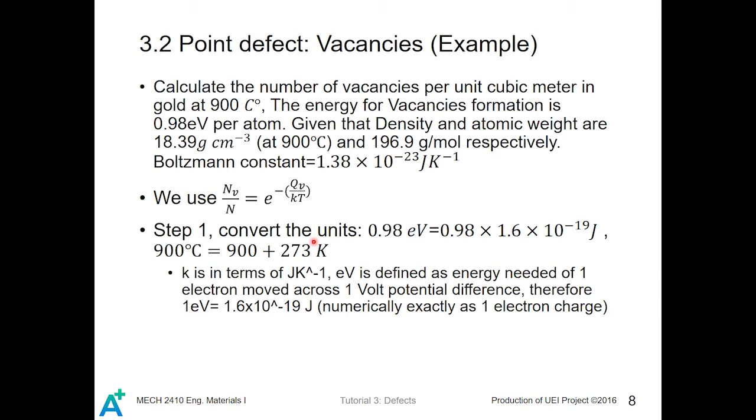And the Boltzmann constant K is in terms of J per K. An eV is defined as the energy needed for one electron moved across one volt potential difference. Therefore, 1 eV is equal to the electron charge value, which is 1.6 times this power times 1 volt, which is numerically exactly the 1 electron charge.